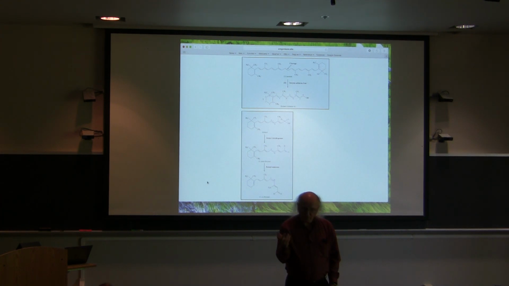The common ones that have double bonds further out than position 9 are linoleic acid, that's L-I-N-O-L-E-I-C, linolenic acid, which is just like linoleic except it has an N between the E and the I, and then arachidonic acid.